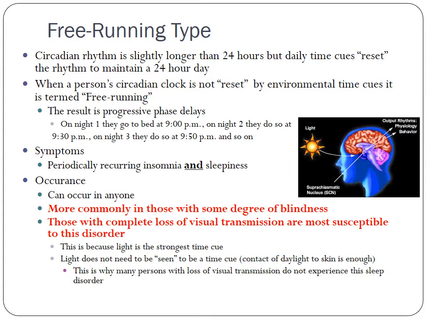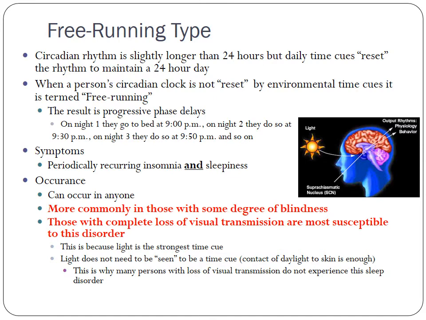Free running type. If you remember, our circadian rhythm is actually slightly longer than 24 hours per day. But daily time cues reset the rhythm to maintain a 24-hour day. So without those time cues to reset our day, our day would actually be a little bit longer than 24 hours. So when a person's circadian clock is not reset by environmental time cues, they can develop what's called free running, and this is a type of circadian rhythm disorder.